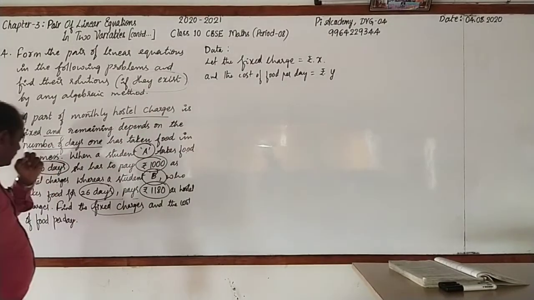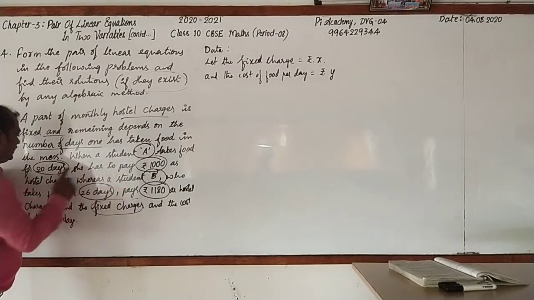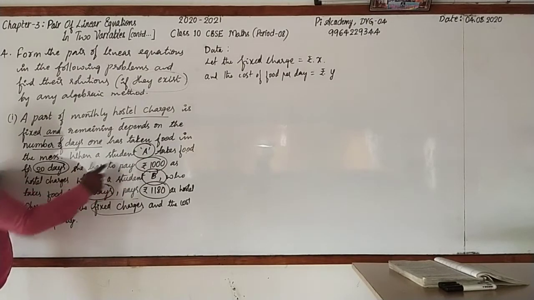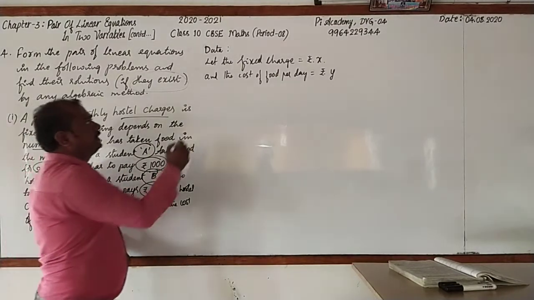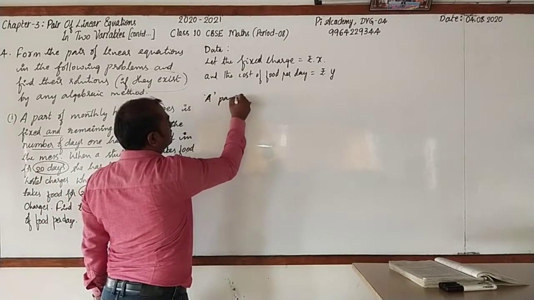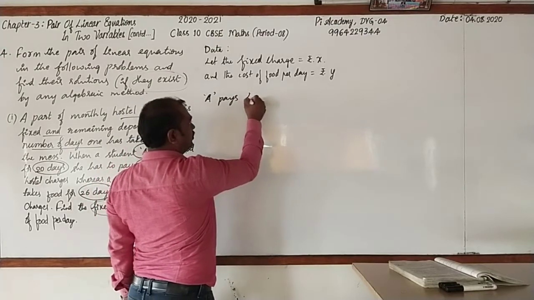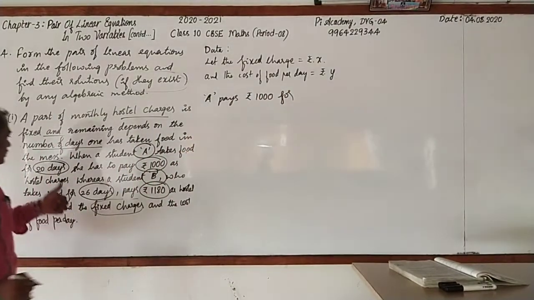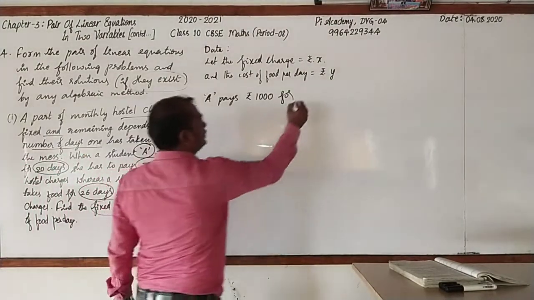Now observe, student A takes food for 20 days, then she pays rupees 1000. Here I'll write A pays rupees 1000 for how many days? 20 days.